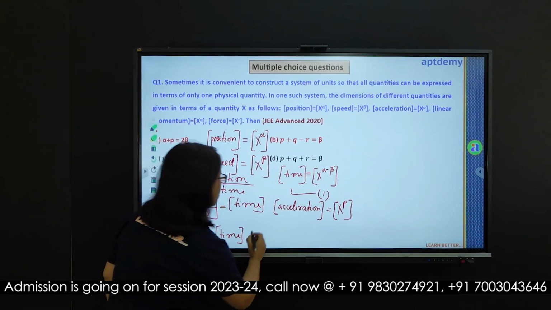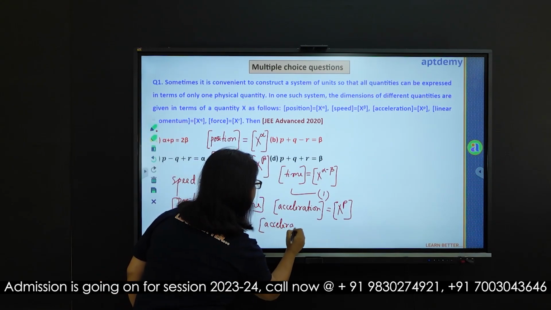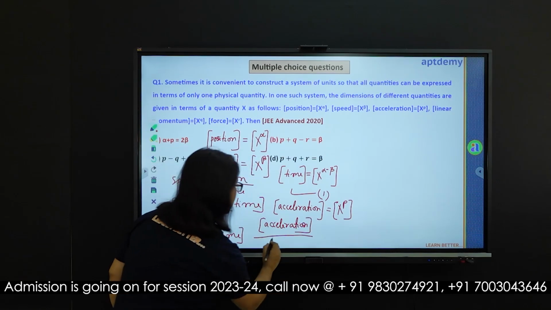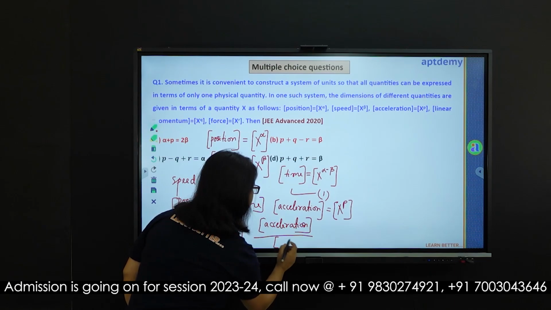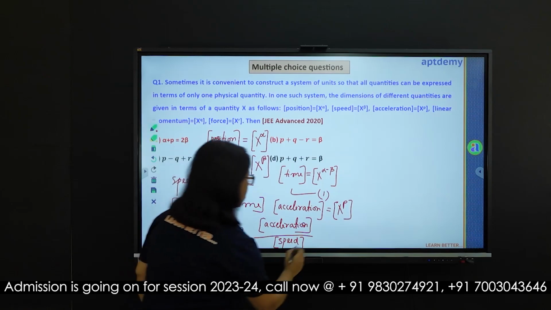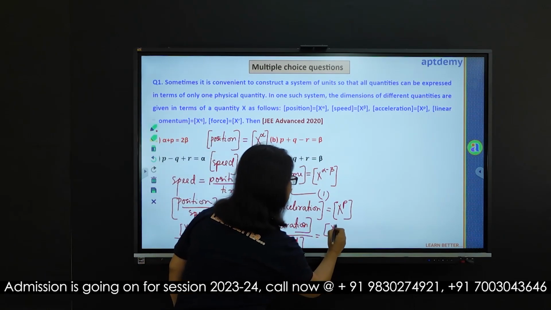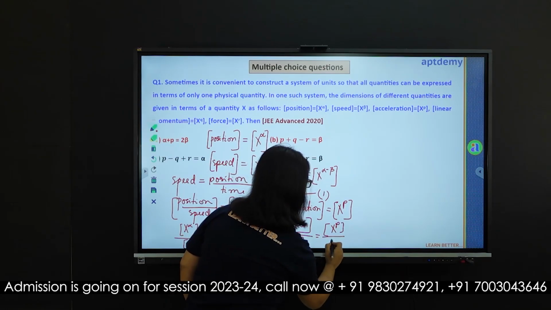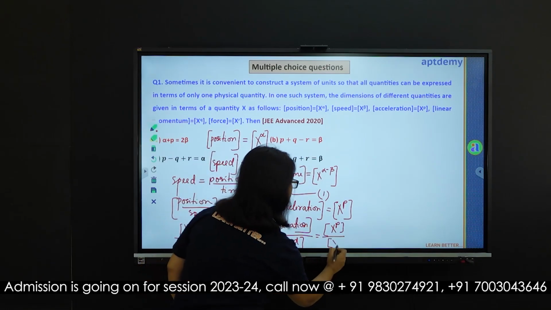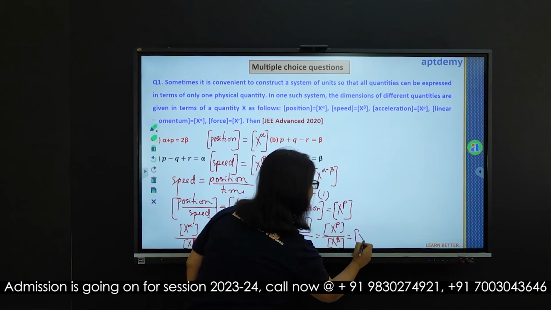We may write acceleration by speed, this is nothing but x to the power p by x to the power beta, or we may write it as x to the power p minus beta.